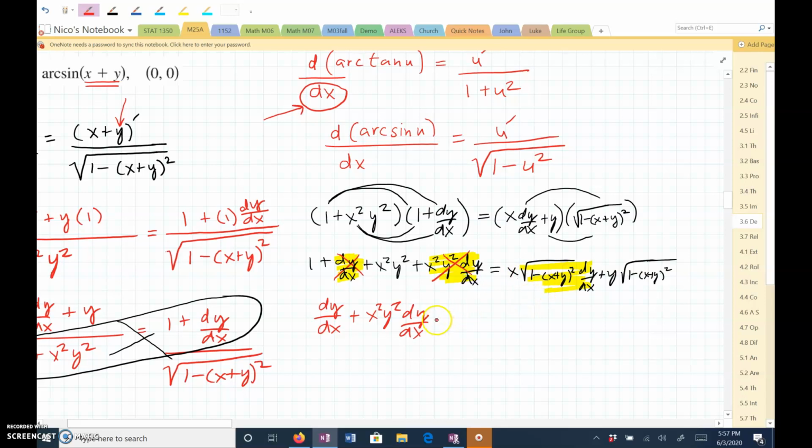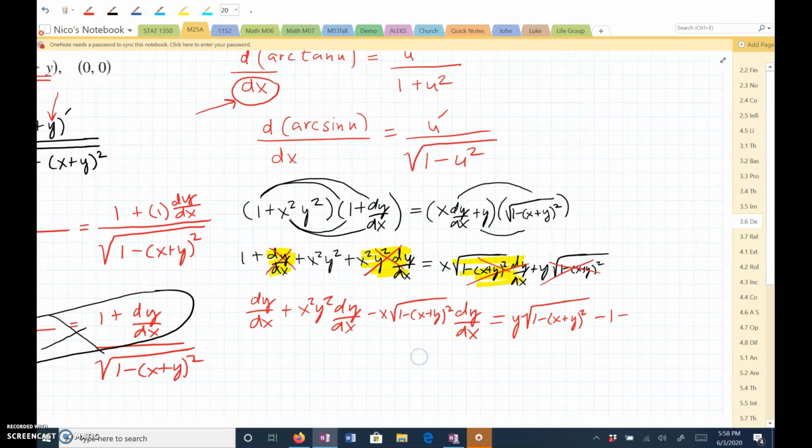And then to move that to the other side, it's going to be minus x times the square root of 1 minus x plus y squared dy/dx. And then the other side is going to be y times the square root of 1 minus x plus y squared. And then I'll move over minus 1 minus x squared y squared.